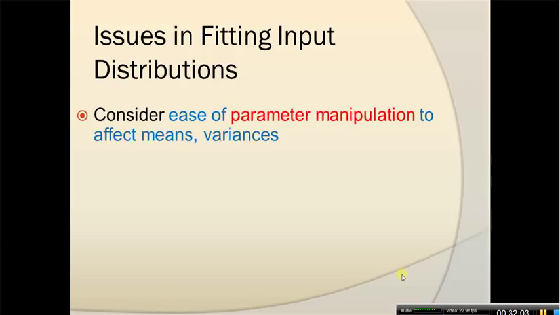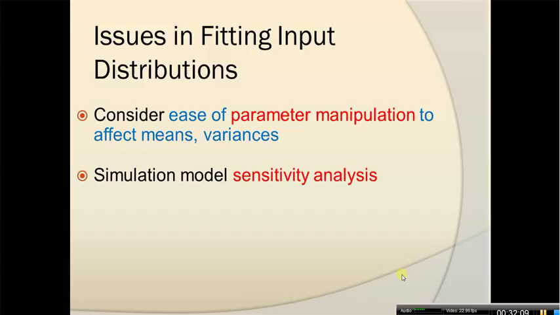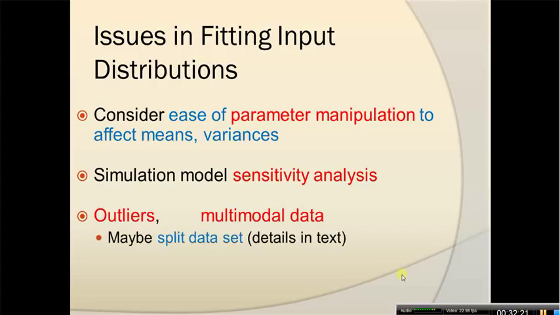Another thing you want to consider is ease of parameter manipulation and how it affects means and variances. And so it's always a good thing to do some sensitivity analysis when looking at the inputs of the model. Another thing that you want to take into account is outliers and multimodal data.